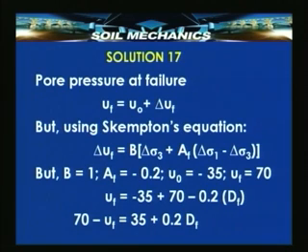Now, this being a saturated sample, when the test is actually started, the sample is saturated, and therefore, B can be taken as equal to 1, and AF is given to be minus 0.2, and the initial suction pressure is minus 35 and the final pore pressure is 70.